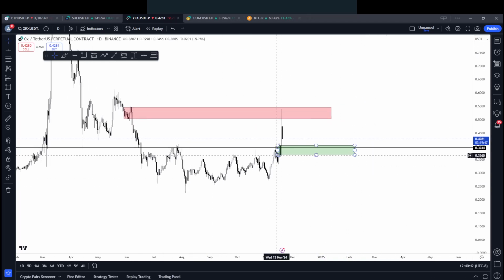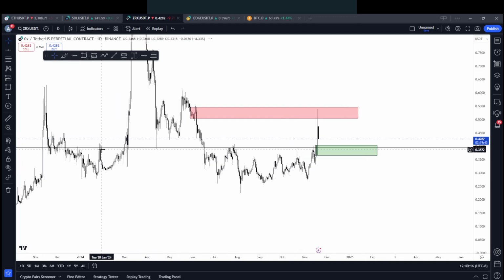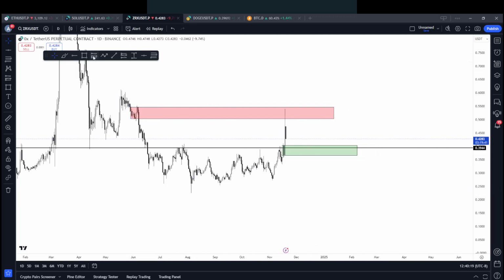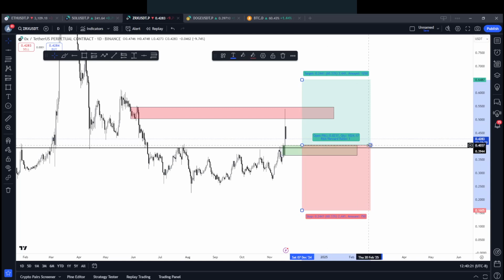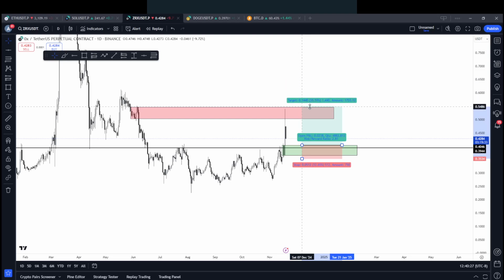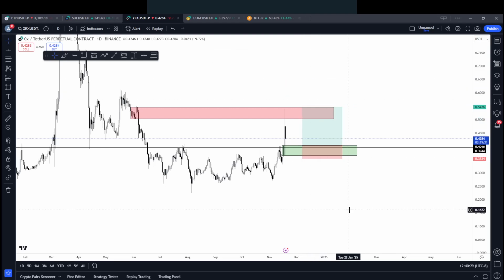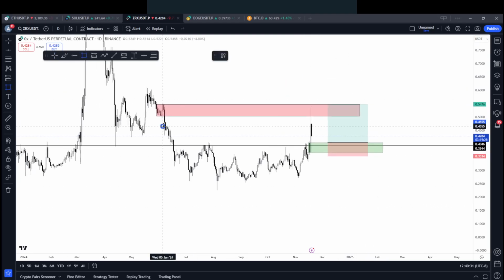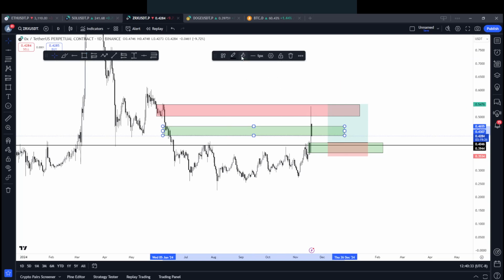Got demand zone order block here, perfectly in line with our SR point. If you're wanting to bid, this would be the area to do so. Supply zone here as well. We took out this whole entire liquidity. Doesn't look great that we had that candle with this candle forming.